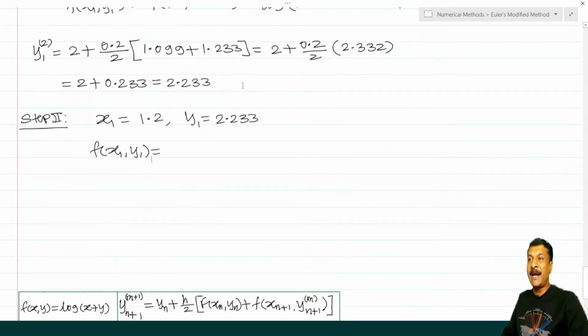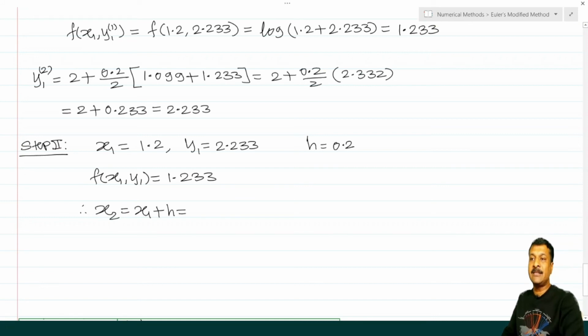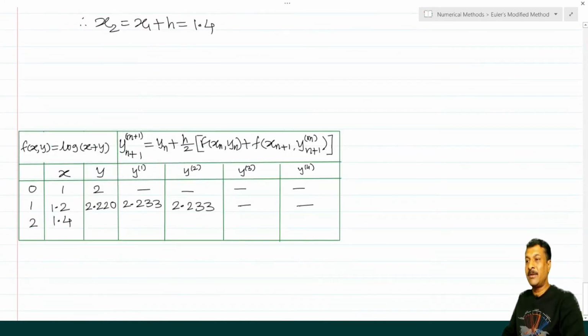That we got by the last, because here 1.2 and 2.233, I am getting f of x y equal to 1.233. Note that again, h is 0.2, and therefore what is value of x2? That is equal to x1 plus h, and it is 1.4. So I am getting this value 1.4.